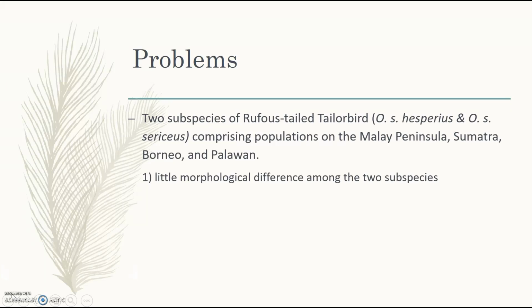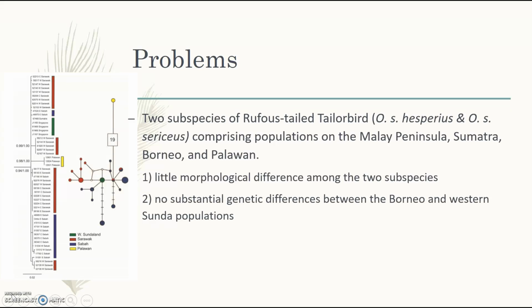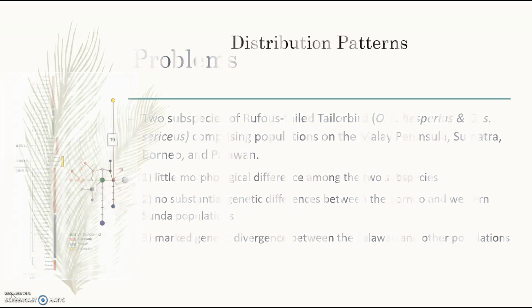They have little morphological difference among the 2 subspecies, and also no substantial genetic differences between the Borneo and Western Sunda populations. And thirdly, they have marked genetic divergence between Palawan and other populations.